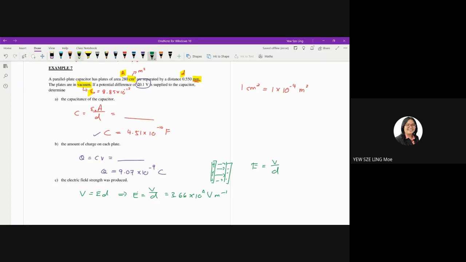So this is the answer. E equals V over d equals 3.66 times 10 to the power of 4 volt per meter, because you are looking at parallel plates, or we say uniform electric field.